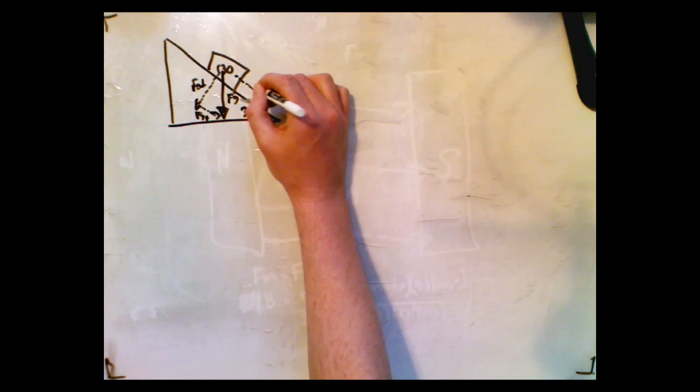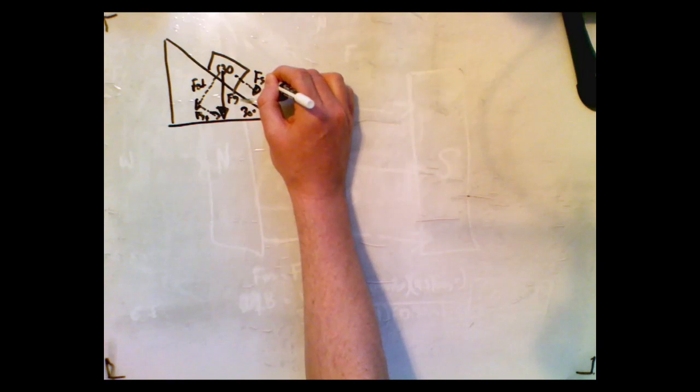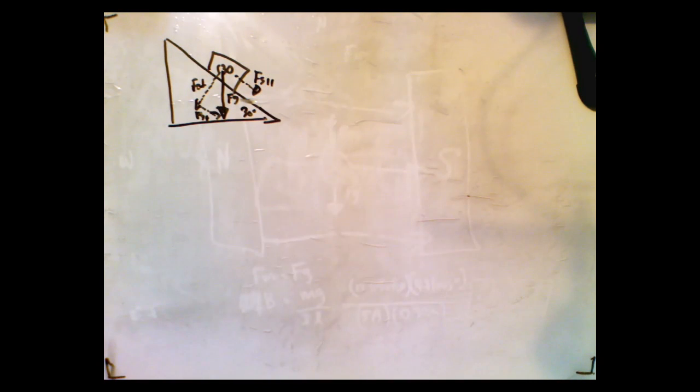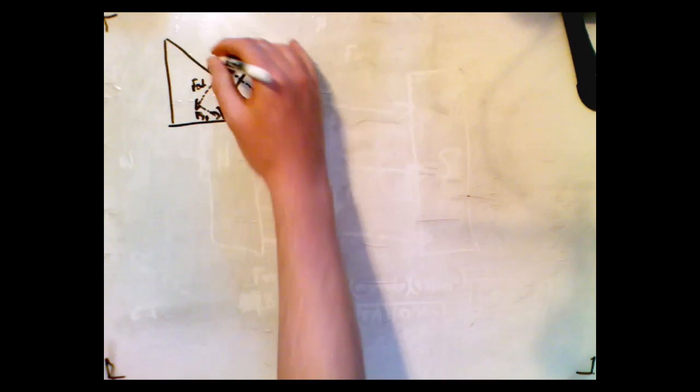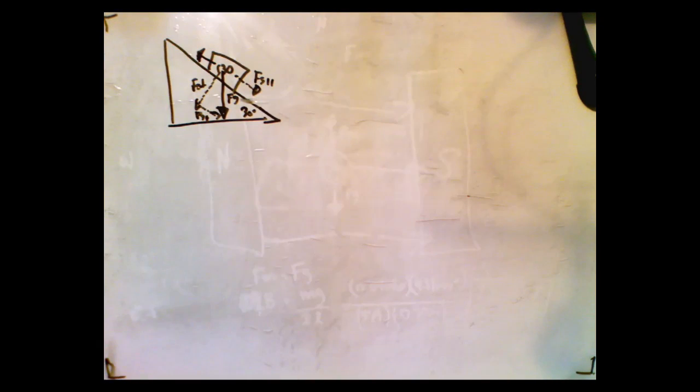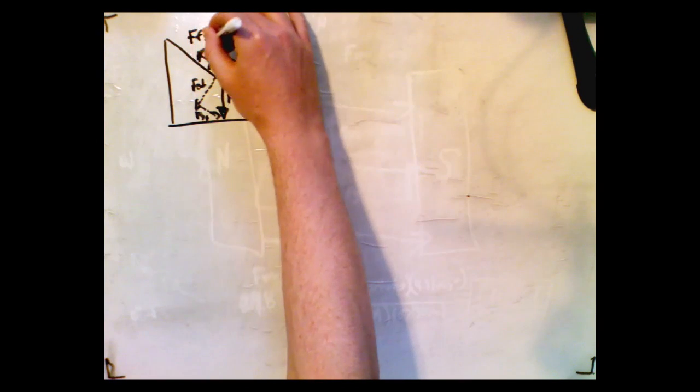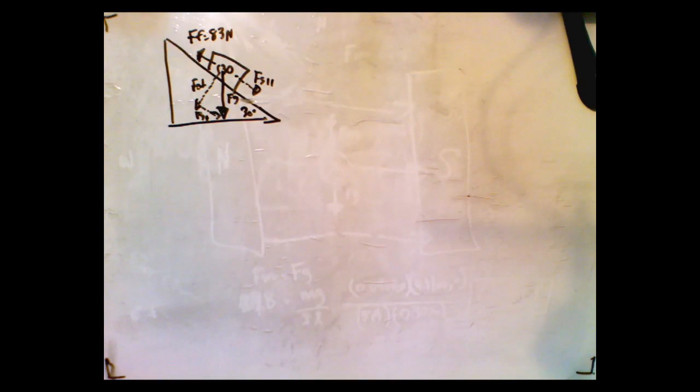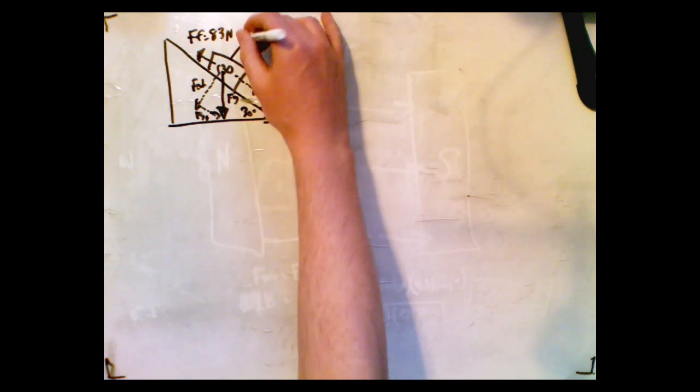And always just throw your parallel component on there. So that parallel component is what's causing them to go down the hill. There's a force of friction. It's accelerating down the hill, so that force of friction is going to be up the hill, and it's going to be smaller. It gives our force of friction 83 newtons. And then we have our force normal like that.